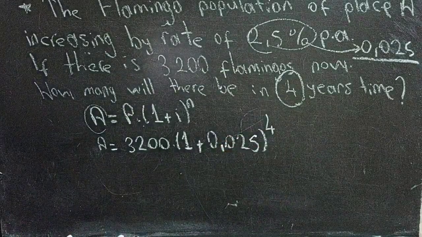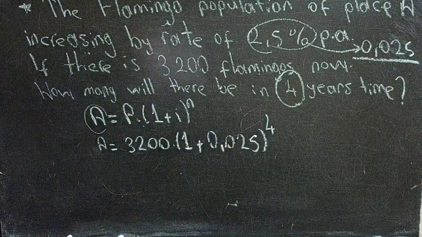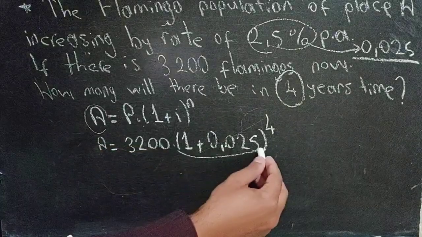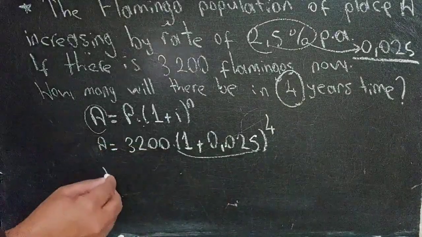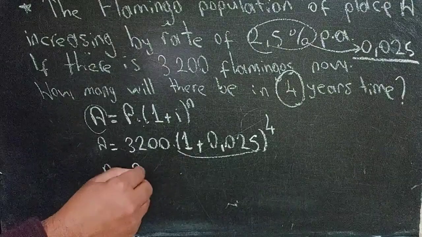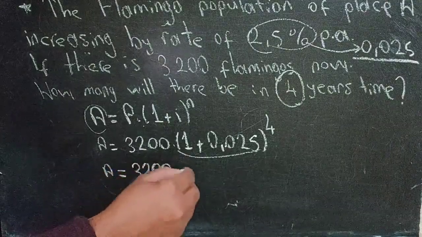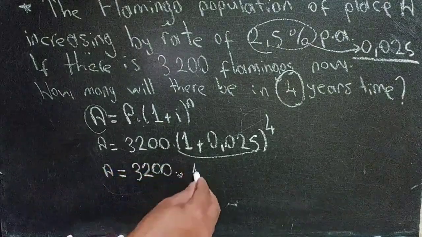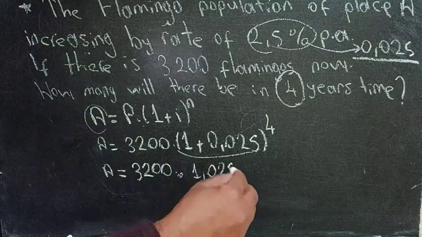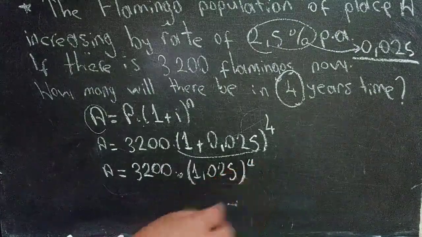So I'm going to calculate this, add them to each other: after equals 3,200 times 1.025 power 4.